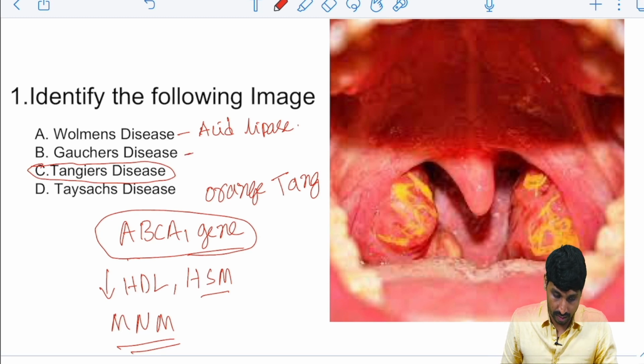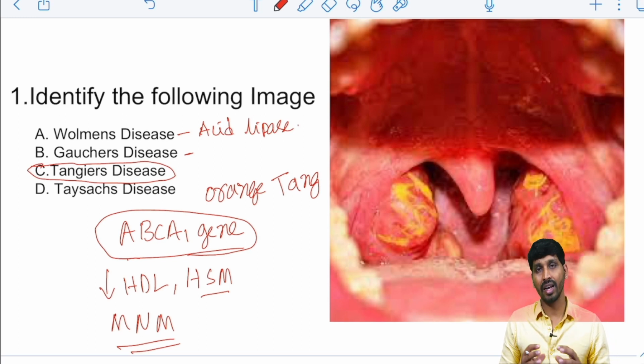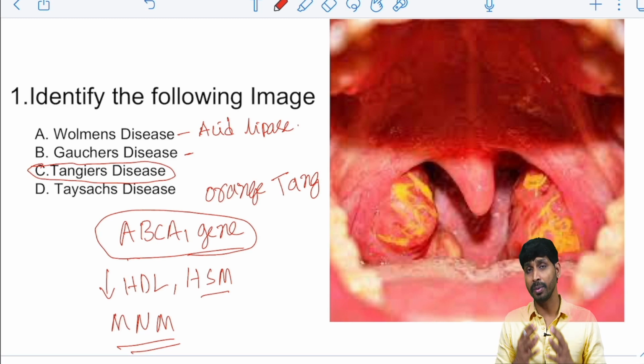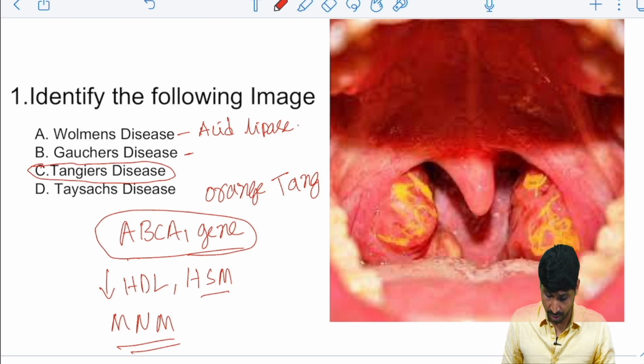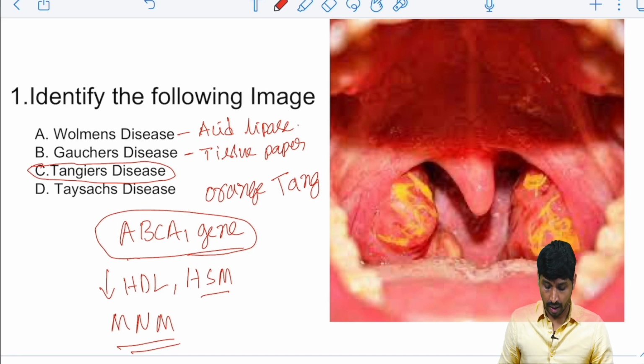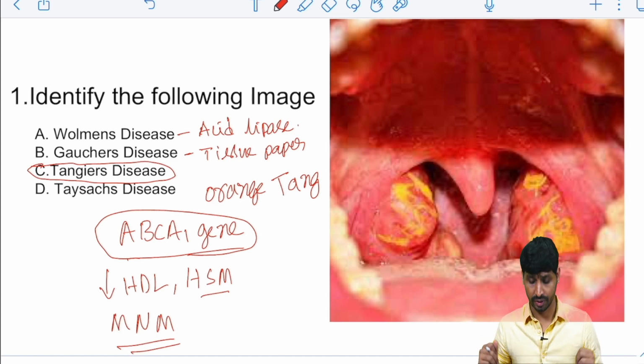Gaucher's disease is because of the beta glucosidase enzyme, and the prominent feature is tissue paper cells. And Tay-Sachs is again a lipid storage disorder. Tay-Sachs and Gaucher's are all lipid storage disorders only, right? In that condition there will be a decrease in LDL concentration.